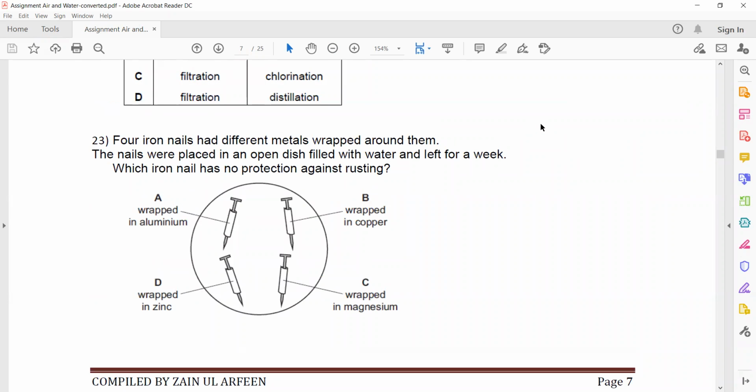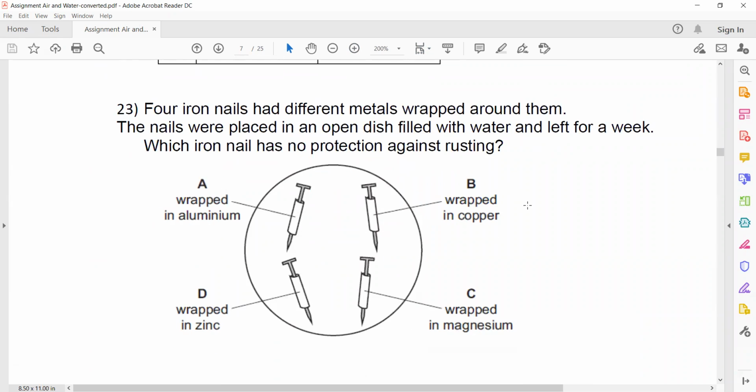Four iron nails had different metals wrapped around them, and the nails are placed in an open dish with water and left for a week. Which iron nail has no protection against rust? Means which of the iron nails will rust?